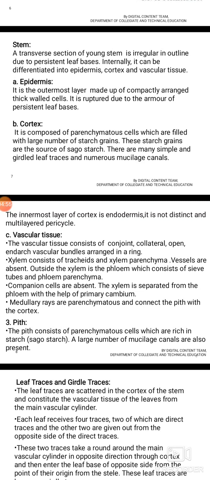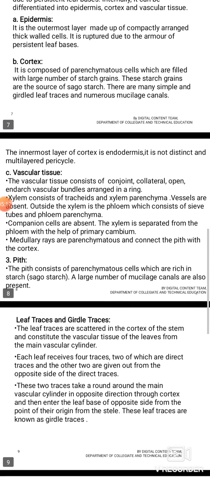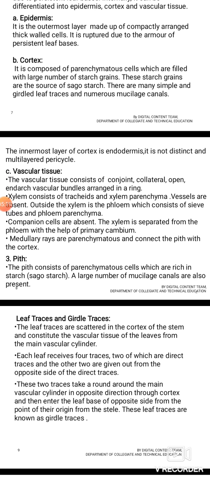Outside the xylem is the phloem, which consists of sieve tubes and phloem parenchyma. Companion cells are absent. The xylem is separated from phloem with the help of primary cambium. Medullary rays are parenchymatous and connect the pith with the cortex.